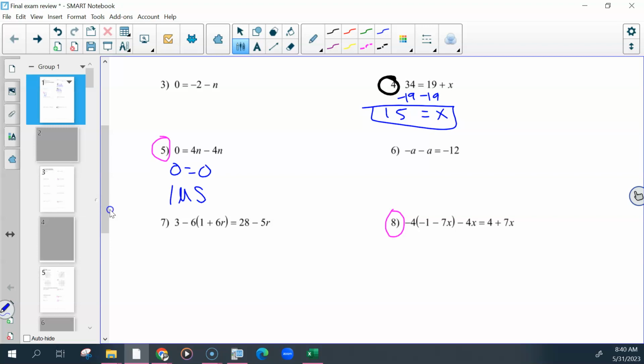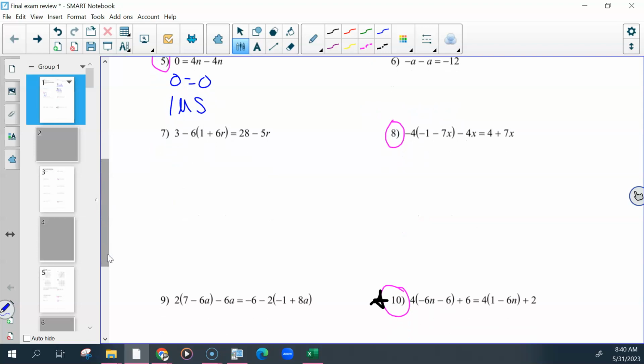In number 8, what would we do first? So distribute the parentheses. So we get positive 4 plus 28x minus 4x equals 4 plus 7x. And then what?